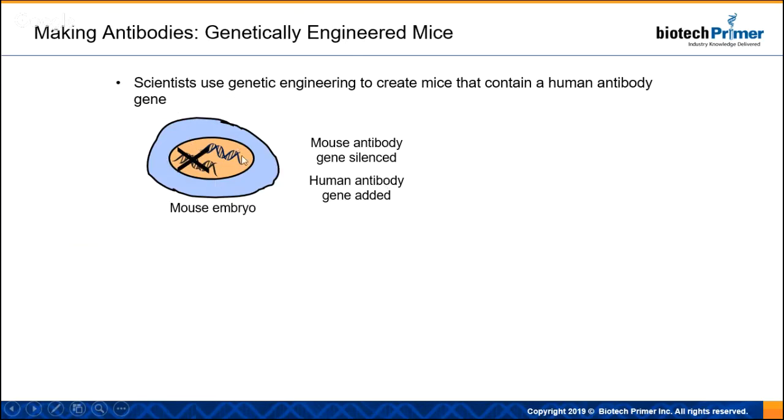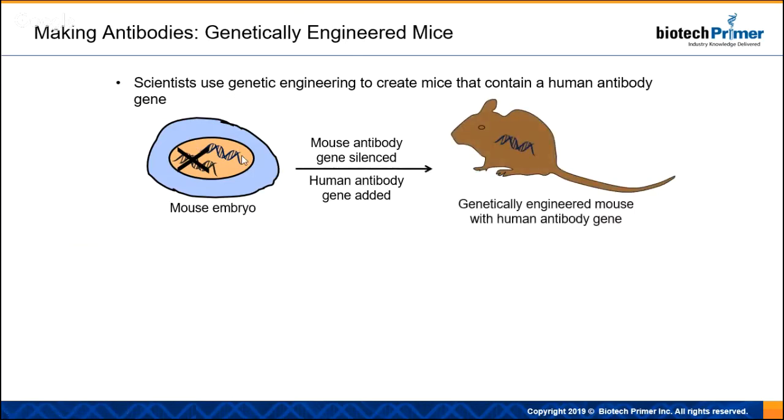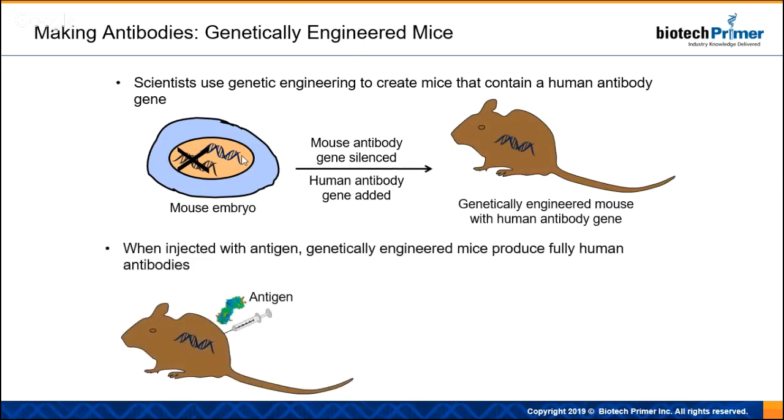And so now, if we inject this genetically engineered mouse with the HER2 receptor or any other antigen, the antibodies that mouse produces will actually be human proteins, again, because up here we used a human antibody gene. And so now I can purify this antibody, inject it into human patients, and not get an immune response against the drug.